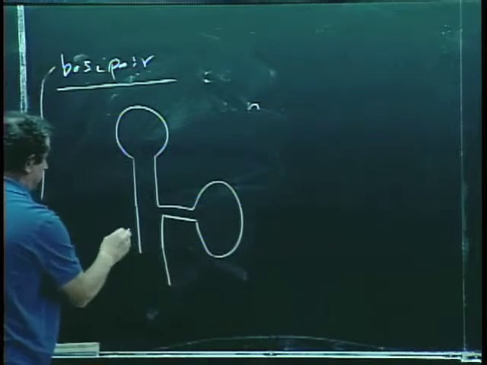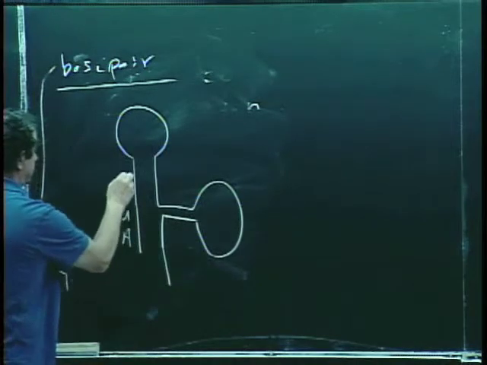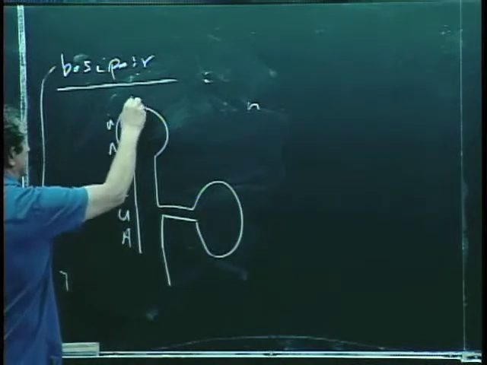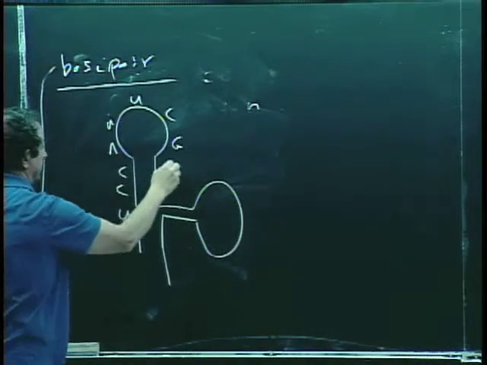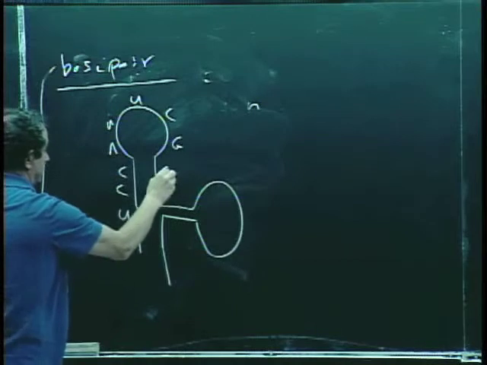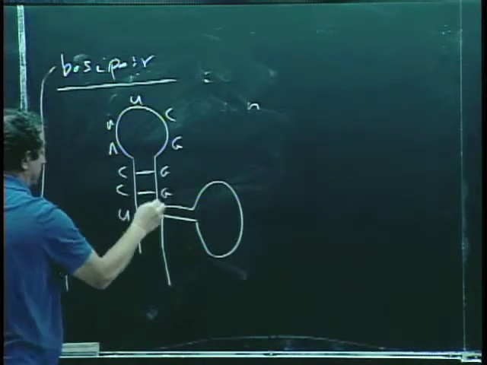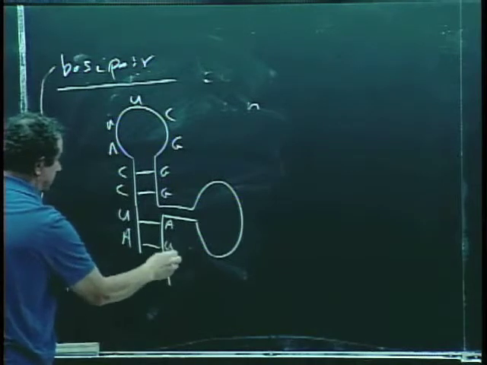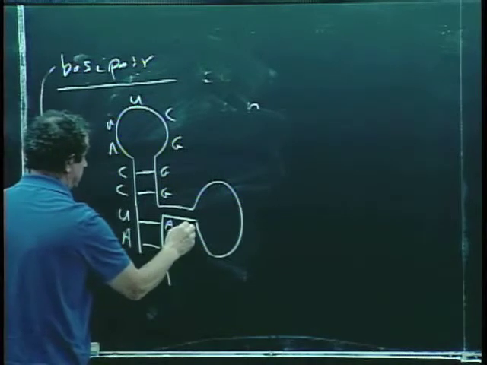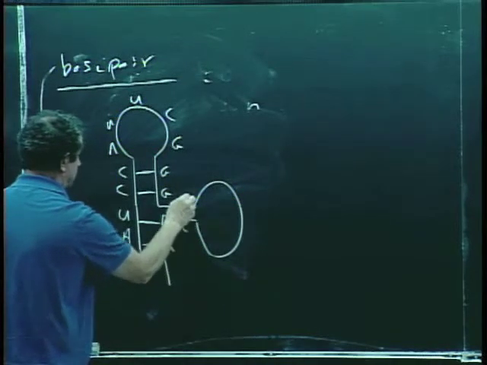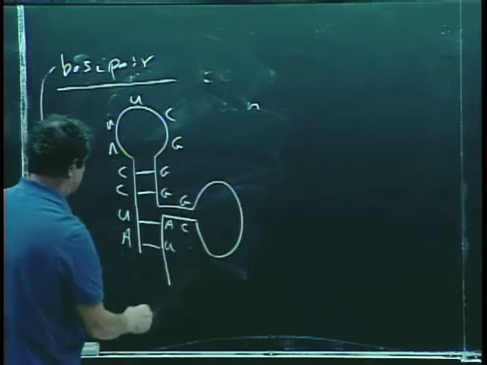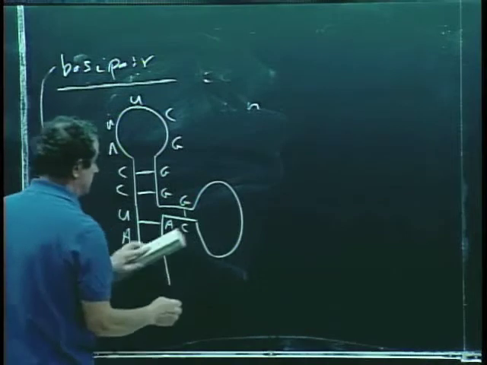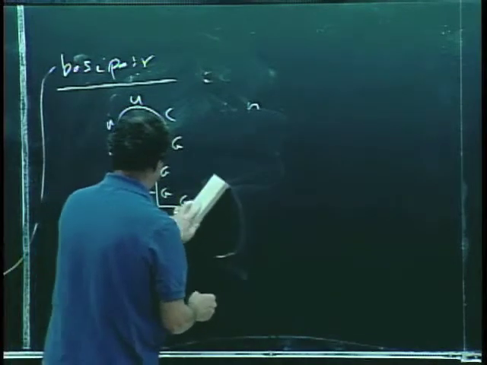So here you may have an A, U, C, C, A, U, U, C, G, C, G, C, G, A, U, C, G, C, G. Let me elongate this a little bit.